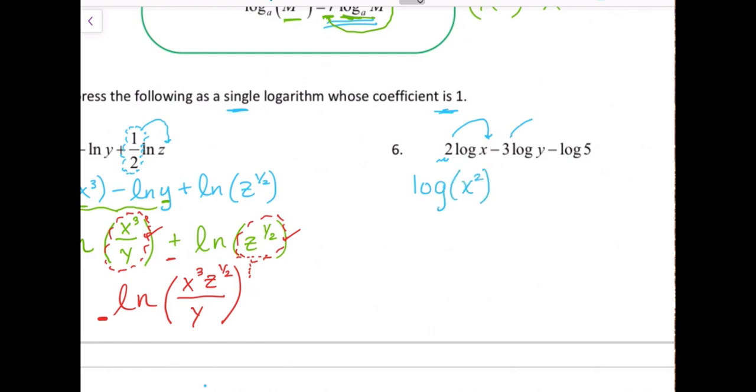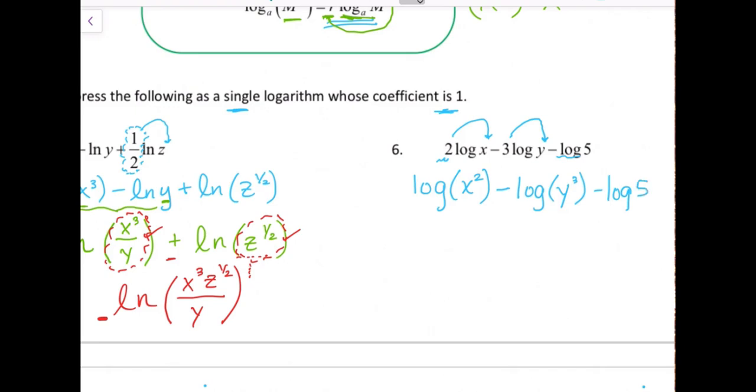I'm going to pull the 3 in as an exponent on y. So this is going to be minus the log of y cubed. And then this next one is okay. There's no other number besides that -1 out in front.